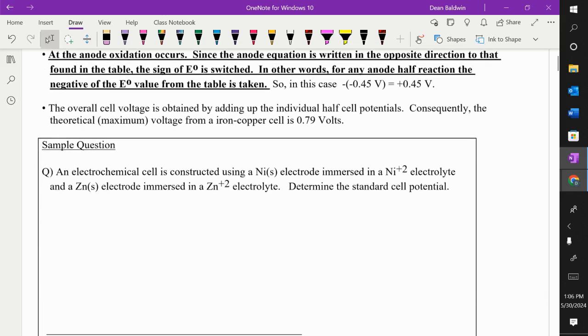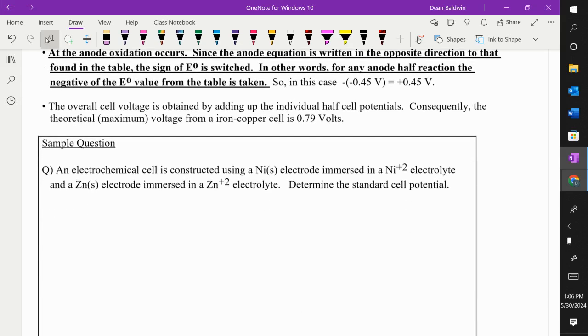Okay, so a pretty standard question you would see is we have an electrochemical cell. We're using nickel electrode immersed in nickel electrolyte and a zinc electrode with zinc electrolyte. Determine the standard cell potential. So again, we're going to look up zinc and nickel. Which one is going to be reduced? Which one's the stronger oxidizing agent?